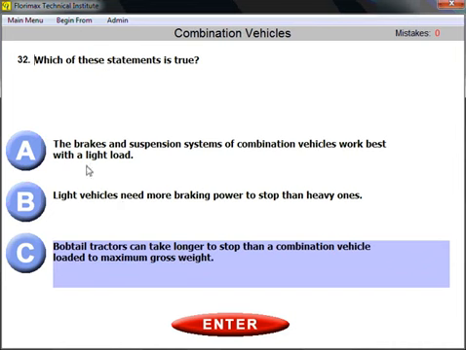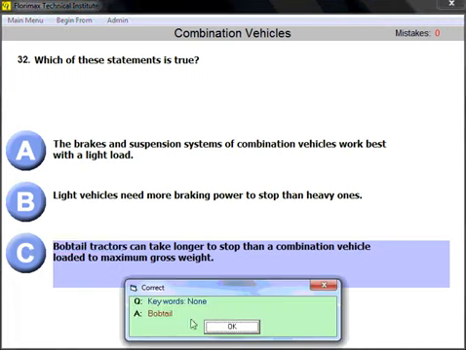Please be very careful, read all of them. Bobtail is our keyword. Whenever you see bobtail, that's an indication of the correct answer.